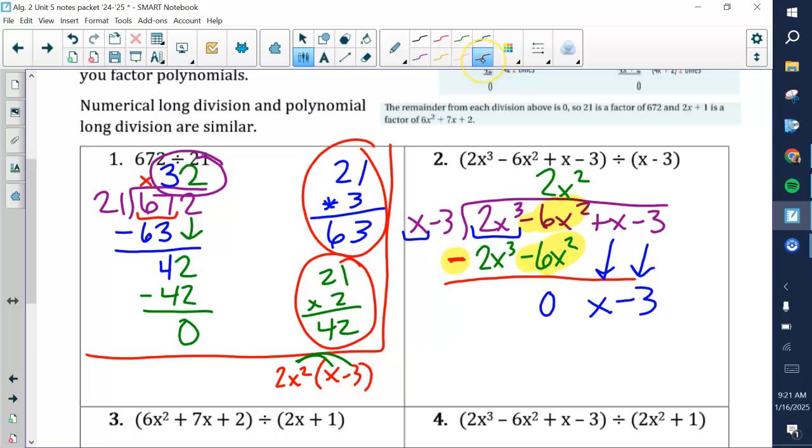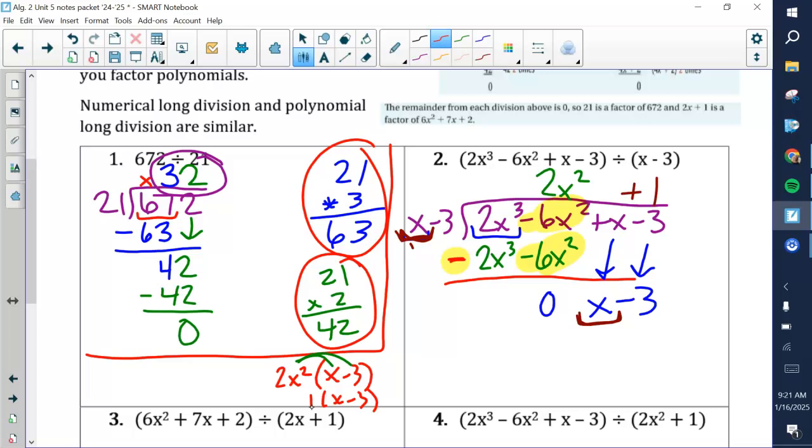Now, I need to get rid of this x. I need that to 0 out. So what do I multiply by x to get x? And that is 1. So I'm going to put that over here above my constant, a positive 1. So now I'm taking x minus 3 times 1.